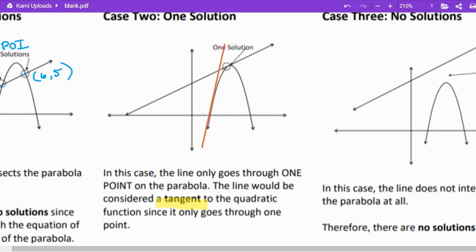Like I can have a tangent right there, right? And it touches one point of the parabola. Or I can have a tangent here. Or I can have a tangent, I don't know, that one's a bit trickier to draw, okay? But what we're saying is there's only one point of intersection.